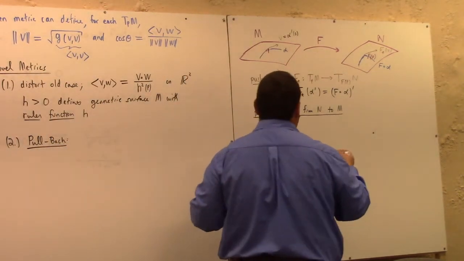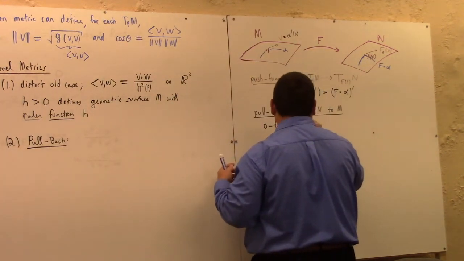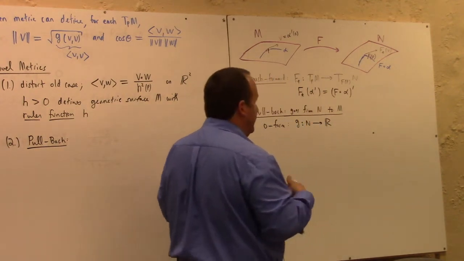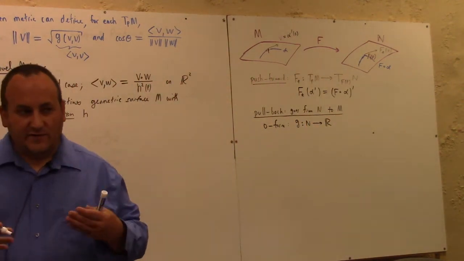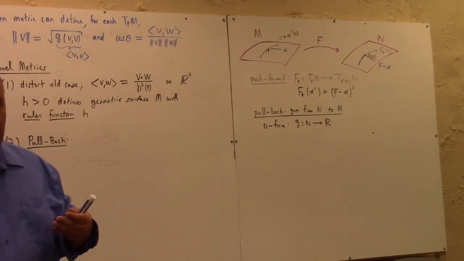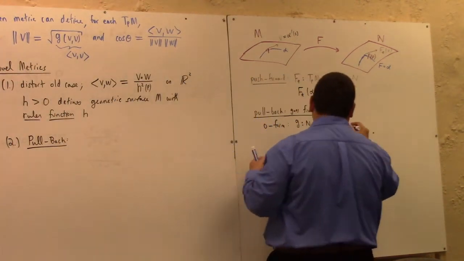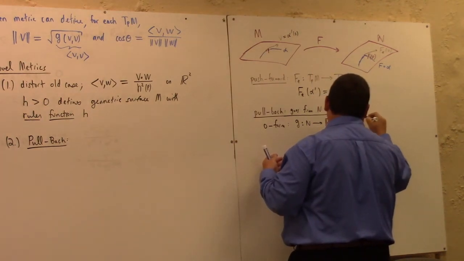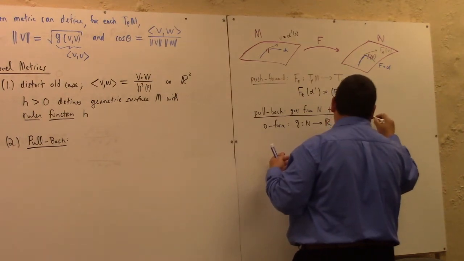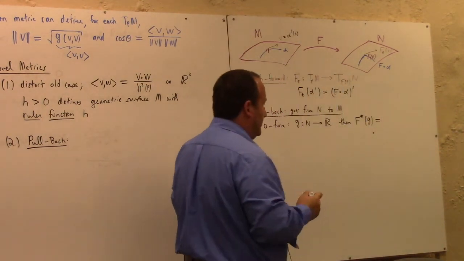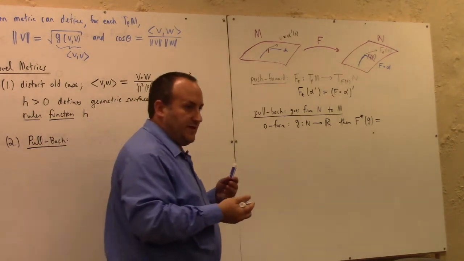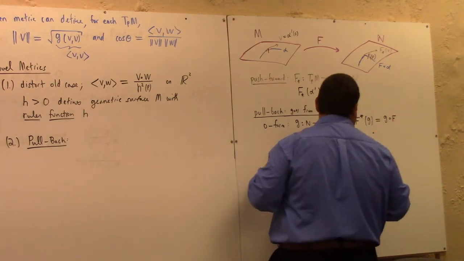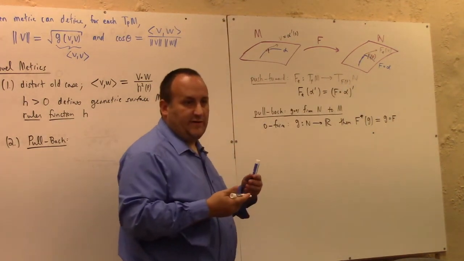So zero form. Maybe you have G, which is a function from N to the reals. That would be a zero form. A zero form on N is a function on N. So the pullback of G, we use upper star in O'Neill for pullback, and that's a pretty common notation. Pullback of G is literally G composed with F. How does that work?